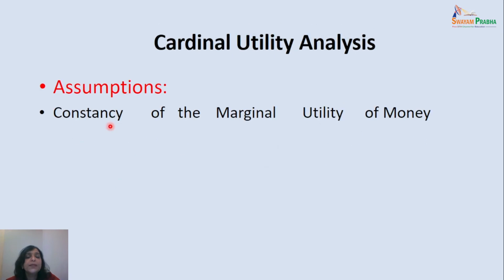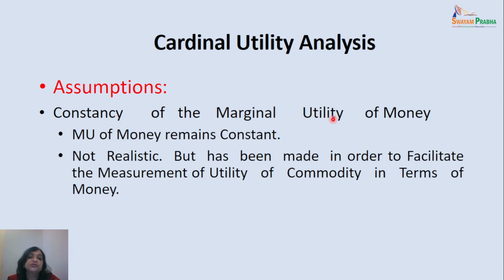Second, because we are talking about money as the measuring rod for utility, there is constancy of the marginal utility of money. The scale cannot change. If, for example, you are measuring your height in feet, 1 foot will always remain 1 foot.